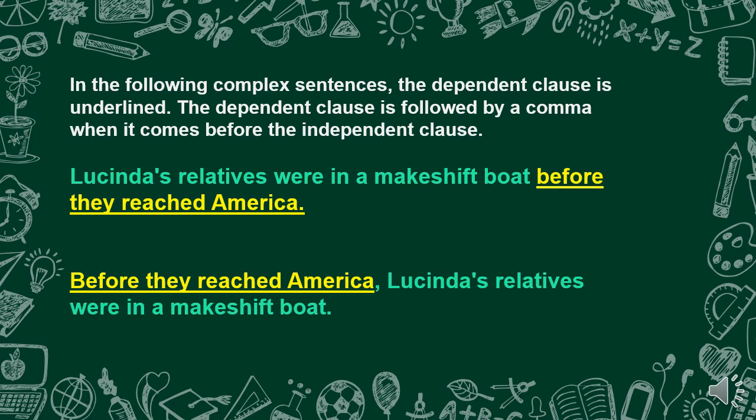Lucinda's relatives were in a makeshift boat before they reached America. So let's look at these two clauses. The first one, if I read it: Lucinda's relatives were in a makeshift boat. So I have here, this is the subject and this is the verb, and I have a predicate.